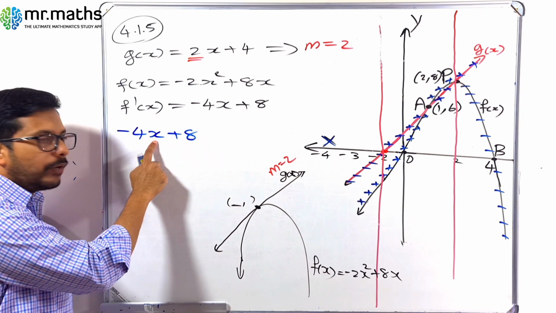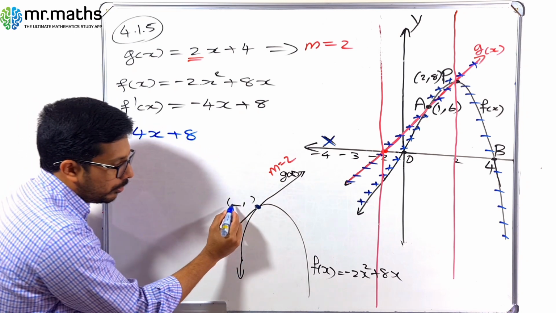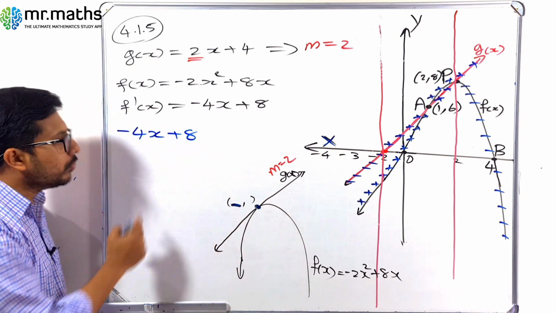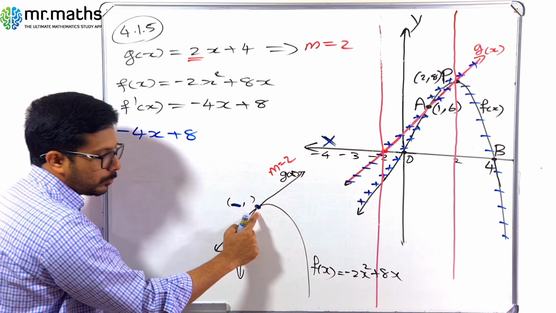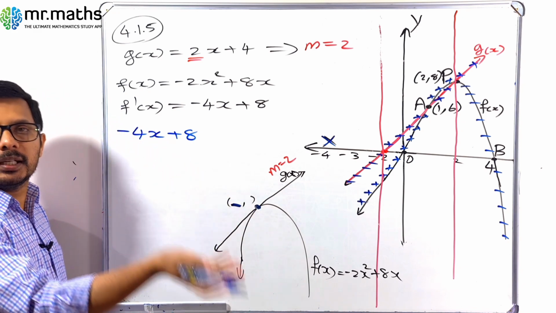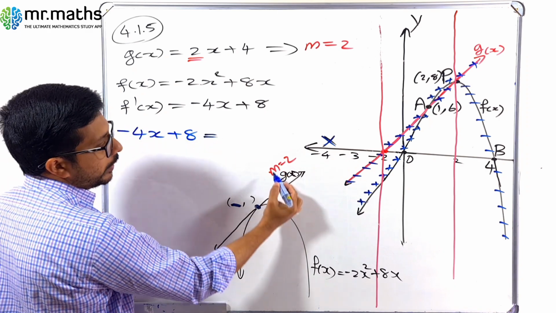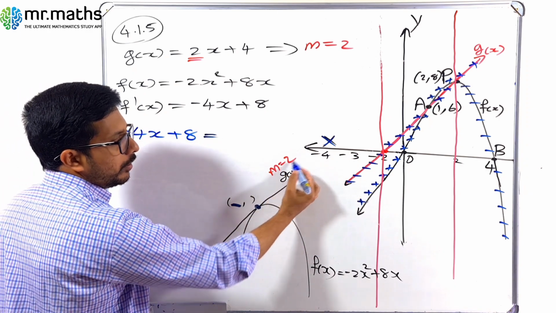When you substitute the x value at this particular point, that touching point, you are supposed to get the gradient of this tangent. But we already know the gradient of this straight line. What is the gradient of the straight line?